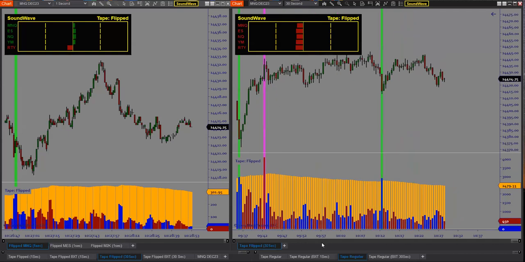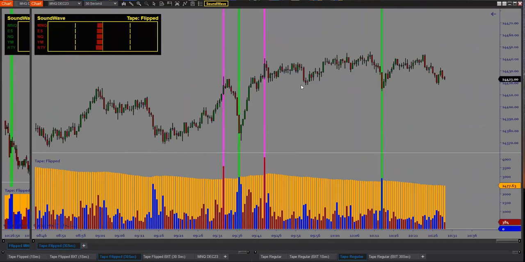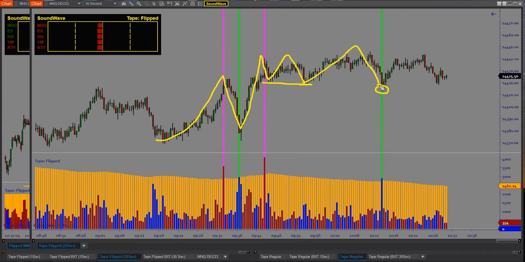If you think about this, this is a support level coming in here on a pullback. This is just a pullback. All they did was run the stops on that pullback. That's a stop run. If I'm looking at the trend, it came down, put in support, pushed up, came back down, ran that stop, pulled in that liquidity.